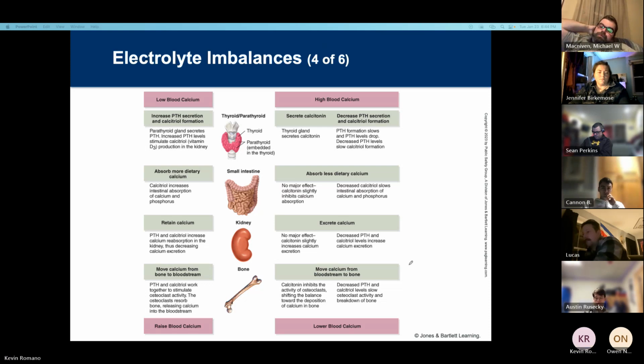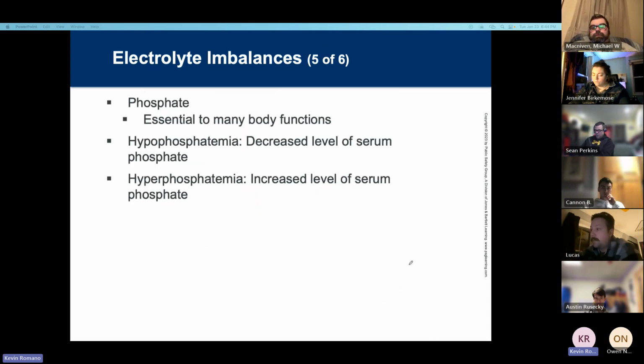All right. So let's go over a couple other ones that are here. One being phosphate, which is essential to many body functions, which is a primary intracellular anion.